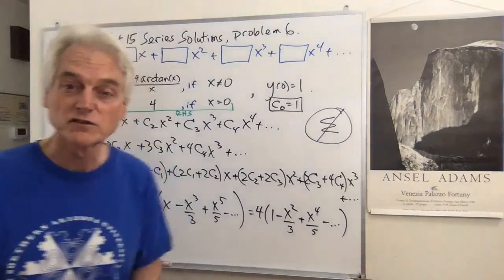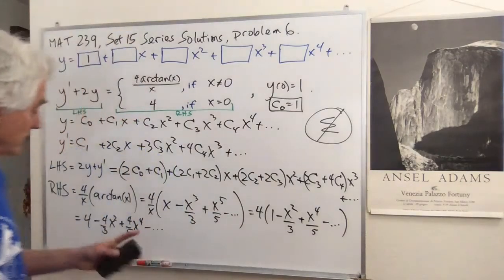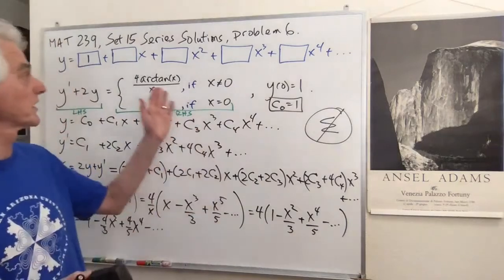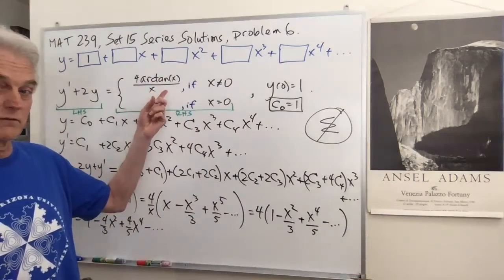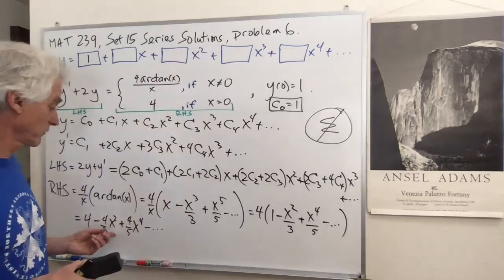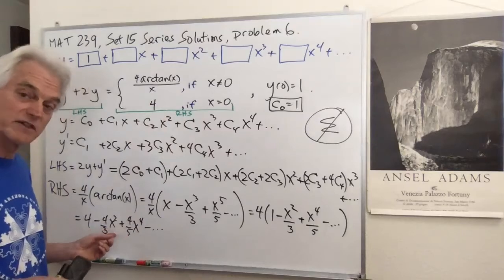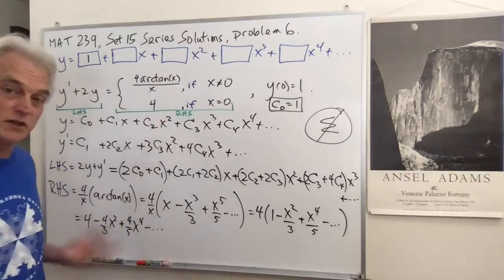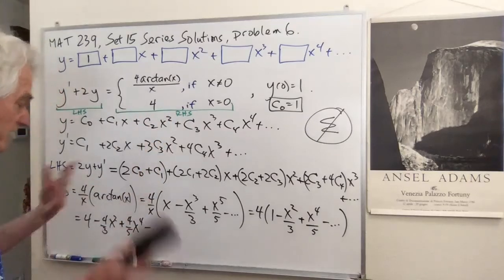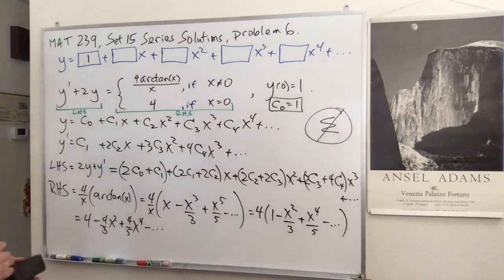Okay, and I got this expression using the formula that's good when x is not 0. But if I can plug in x equals 0 into the series and get out 4, which I should. So we talked about that in yesterday's video.